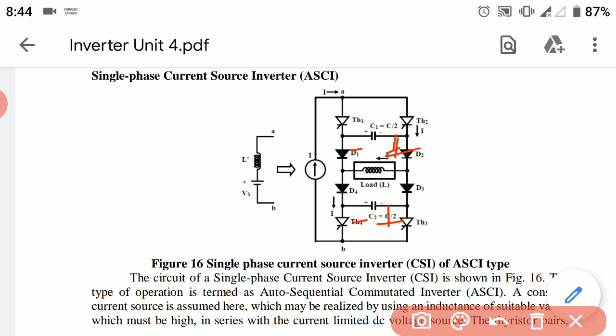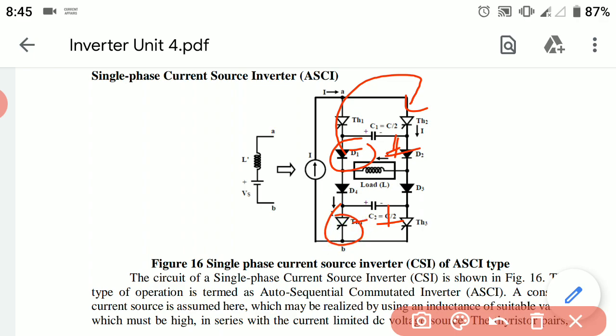Due to these polarities of the capacitors, a negative potential will be applied at the anode terminal of thyristor TH2, and in the same way the negative polarity of the capacitor C2 is applied at the anode terminal of thyristor TH4.